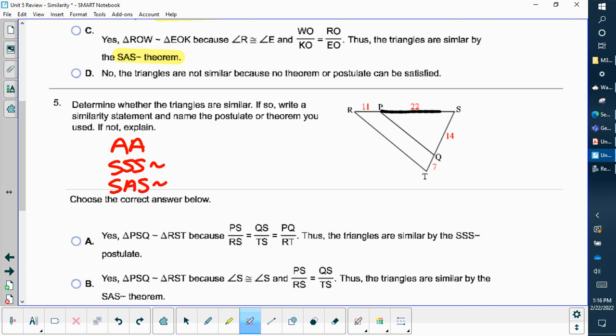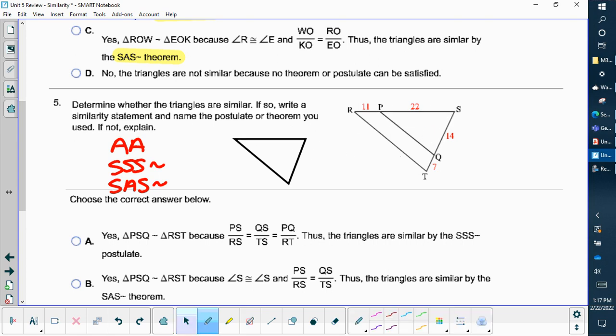So here's my small triangle. Let me do a better job of tracing it. Okay, here's the small one. That looks better, and I pull it off.